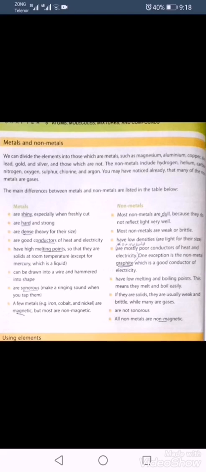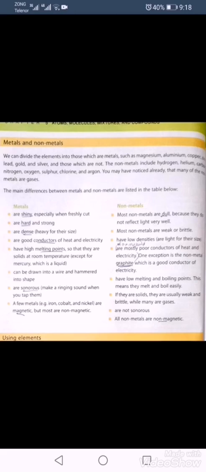What is mercury? Mercury is used in thermometers to check temperature. Metals can be drawn into wire and hammered into shape. We can easily get a wire from metals, and we can easily change their shape. Metals are sonorous.